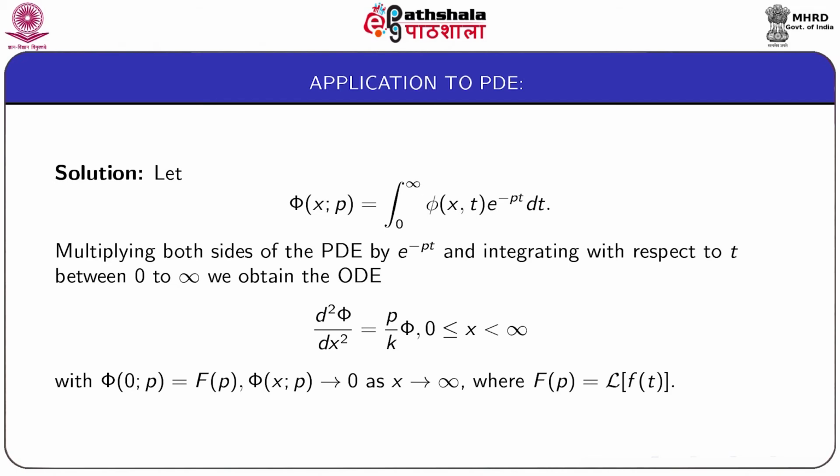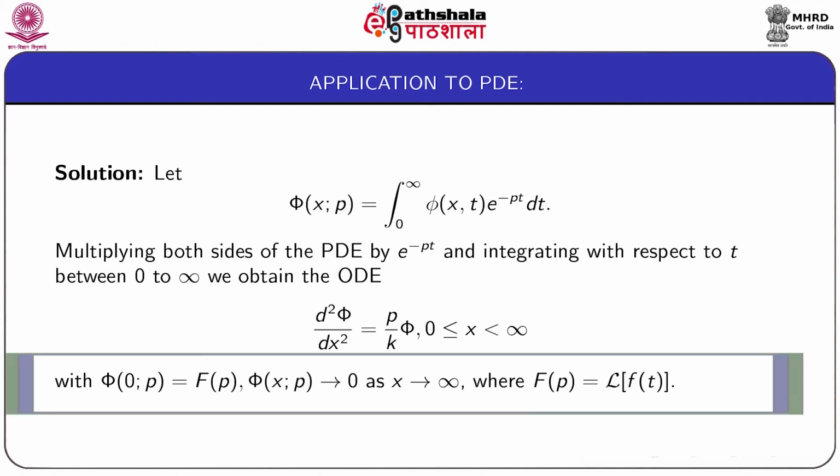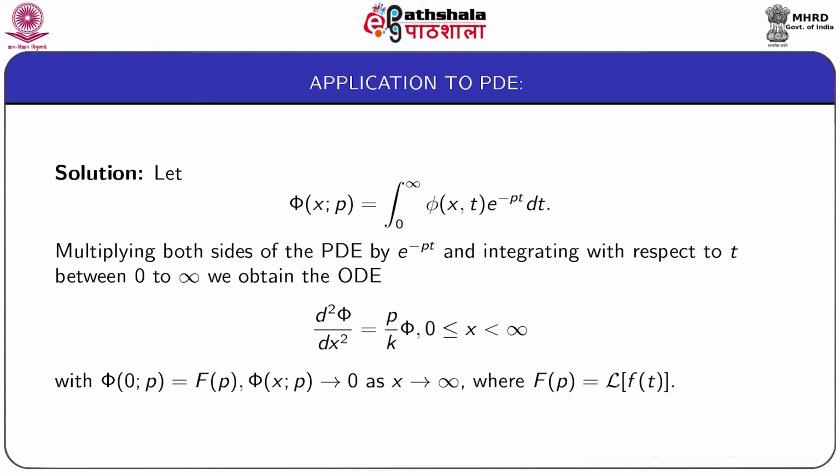Again, if we take the Laplace transform of the boundary condition at x = 0, then we obtain Φ at x = 0 equal to F(p), and also taking the Laplace transform of the other boundary condition, we see that Φ(x,p) tends to 0 as x tends to infinity.